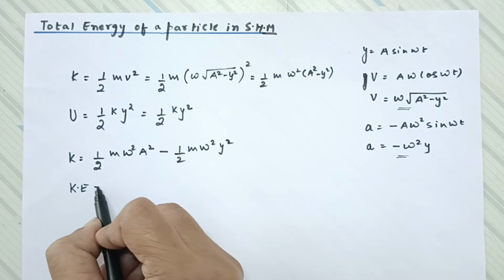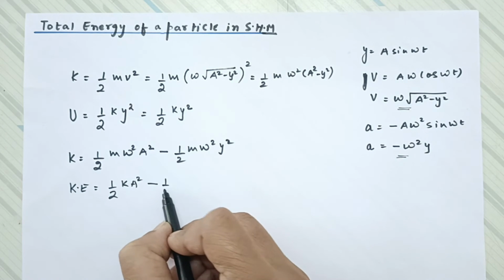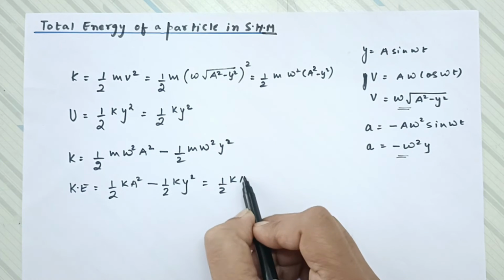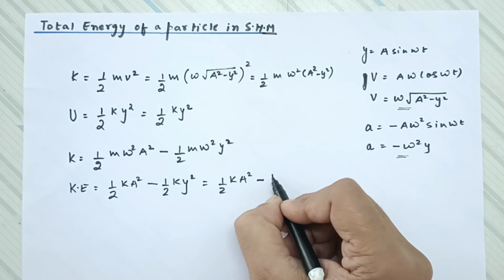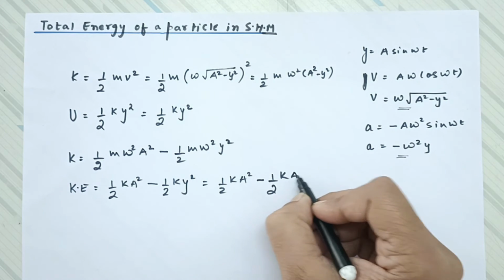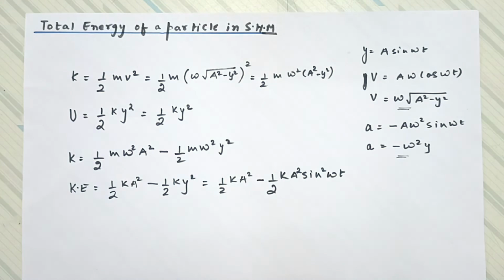So kinetic energy is half k a square minus half k y square. This is half k a square minus half k, instead of y I am going to use this, so half k a square sine square omega t.